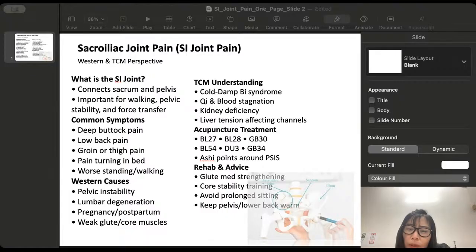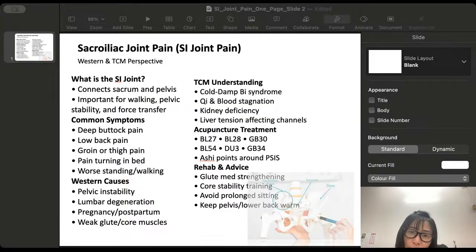But the true problem is often around the SI ligaments, gluteal attachment, and deep stabilizing muscles. Local treatment is extremely important. You can add those Bladder 23 or Bladder 25 points, but please also add some local points to relax the local muscle.